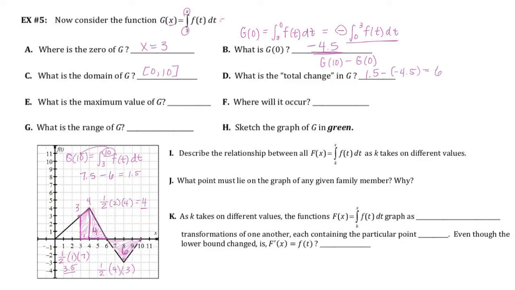All right, so now let's look at part E, the maximum value of g. So we've got to go back and see, well, what's going to be the largest value we can possibly have for g. And we know that from 0 to 3, we have a negative value.